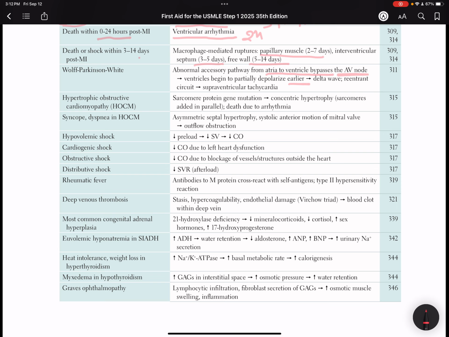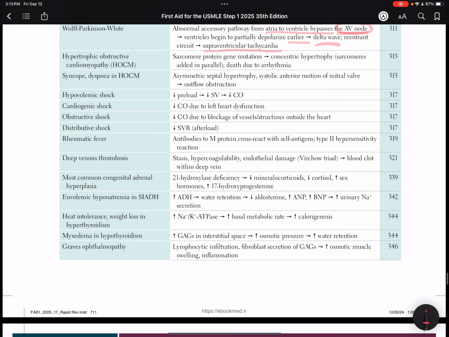That leads to delta wave formation, causing a re-entrant circuit, which is also called supraventricular tachycardia. Basically, you're bypassing the AV node, and the pathway causes early depolarization, which makes the delta wave, and this delta wave is seen on EKG, along with supraventricular tachycardia.